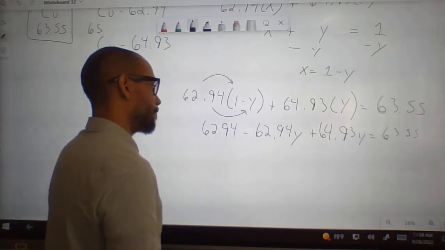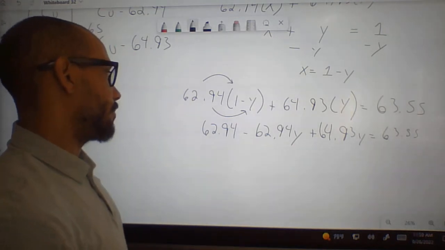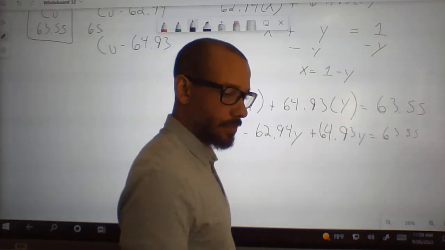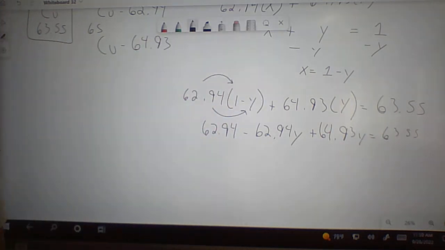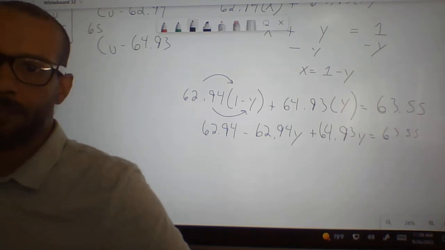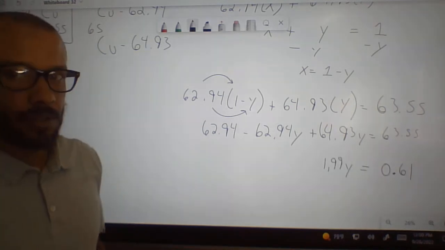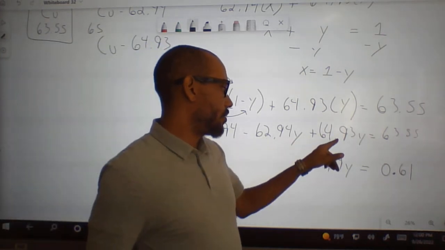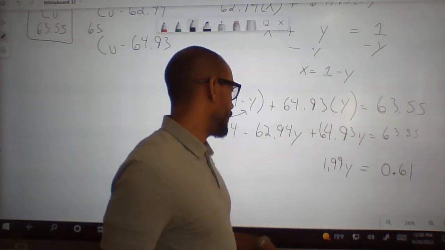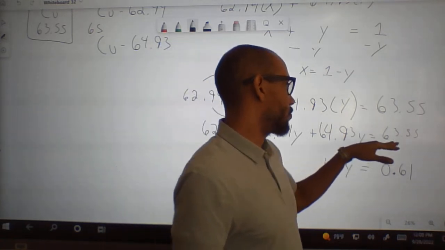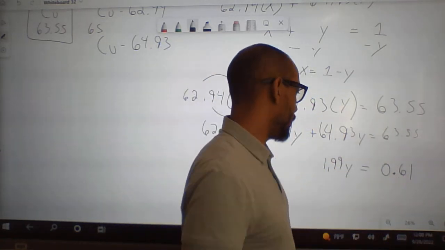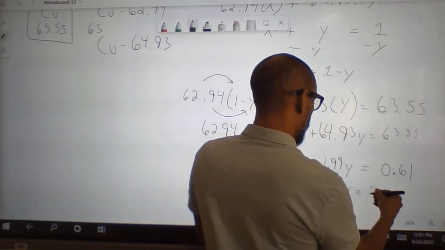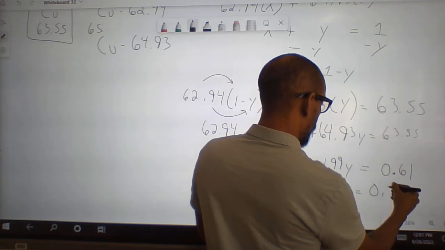Then we can combine like terms and move this over to the other side. So if we get our calculator. All right, after we plug and chug in our calculator, we combine these two, 1.99y. Then I subtract 62.94 from this side, 0.61. And then we'll find that y is going to be equal to 0.31.